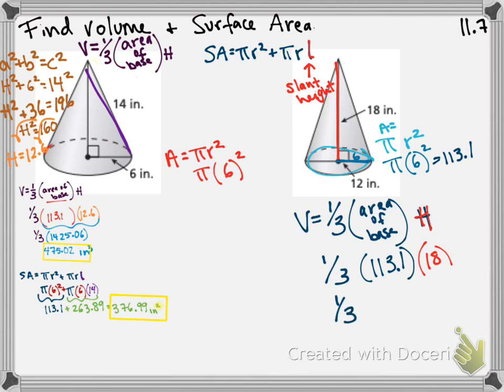So I'm going to multiply these two first. So we'll do 113.1 times 18. And then divide that by 3. That's how you take 1/3 of something. So the volume is 678.6, and then it would be inches cubed.